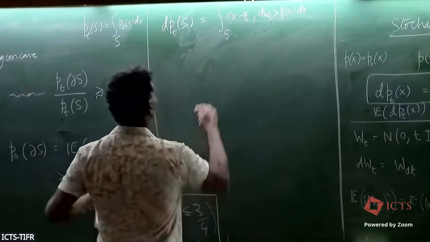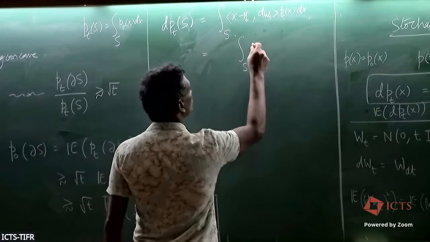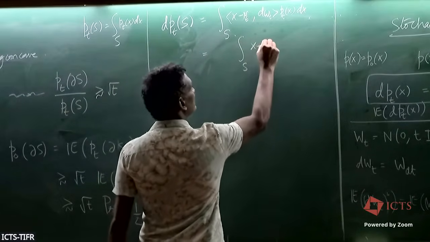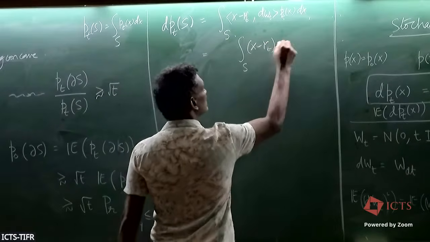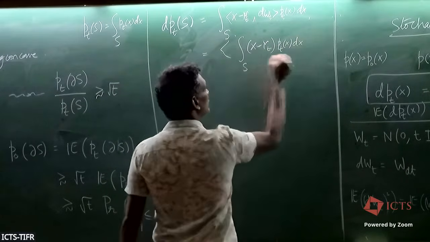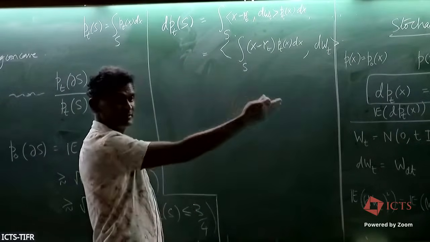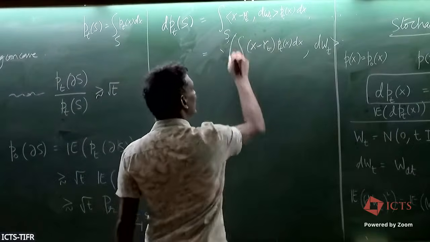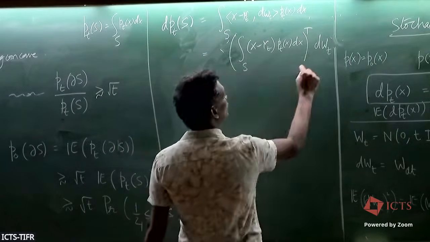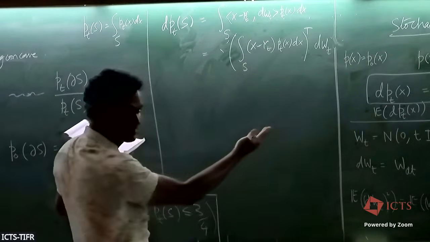This is the integral over S of dwt, which doesn't depend on S. It's really x minus mu t, pt of x, dx, inner product with dwt. It's just a differential equation. If you like, I can write this transpose dwt. What I mean is, this is the coefficient by which you are changing.